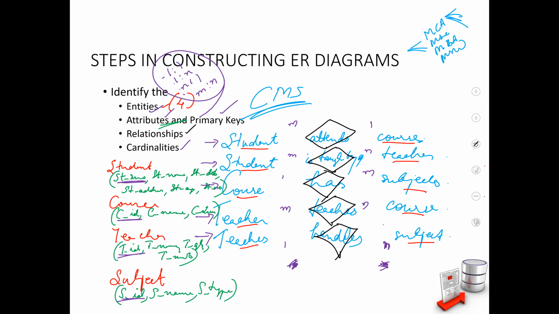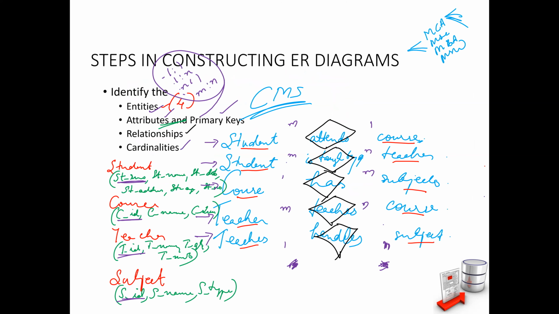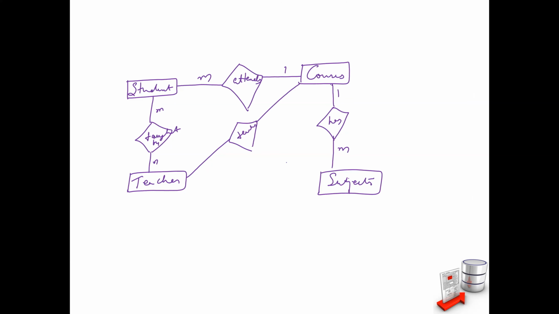What is the last one? Teacher teaches course. Okay, teacher teaches course. You remember the cardinality? It was an M is to N. It is a M is to N cardinality.